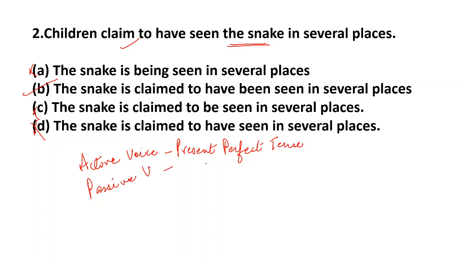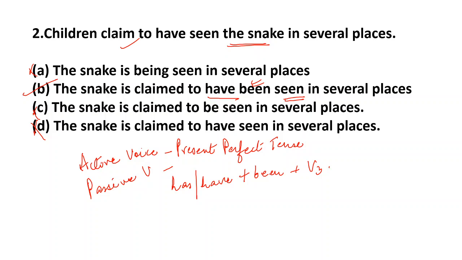In the passive voice, has or have remains the same, plus you put been, plus of course V3, the third form of the verb.